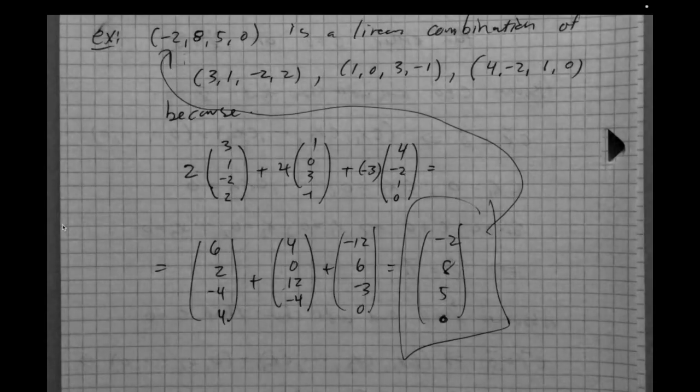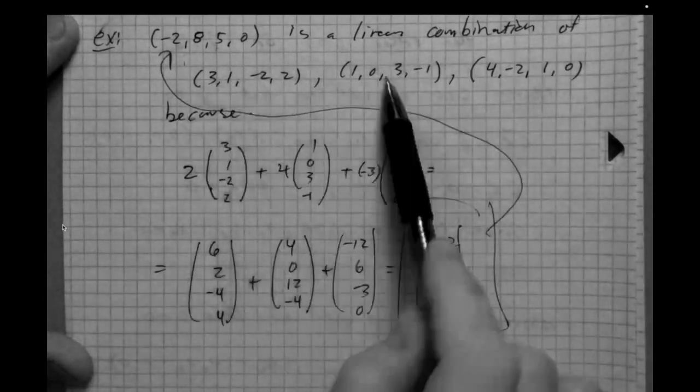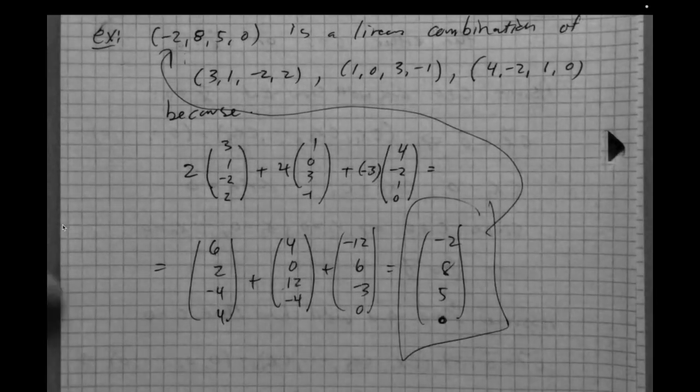So there exist scalars such that I can create a sum product with three scalars and these three vectors to create the original vector. That means this vector is a linear combination of these three. Very good.